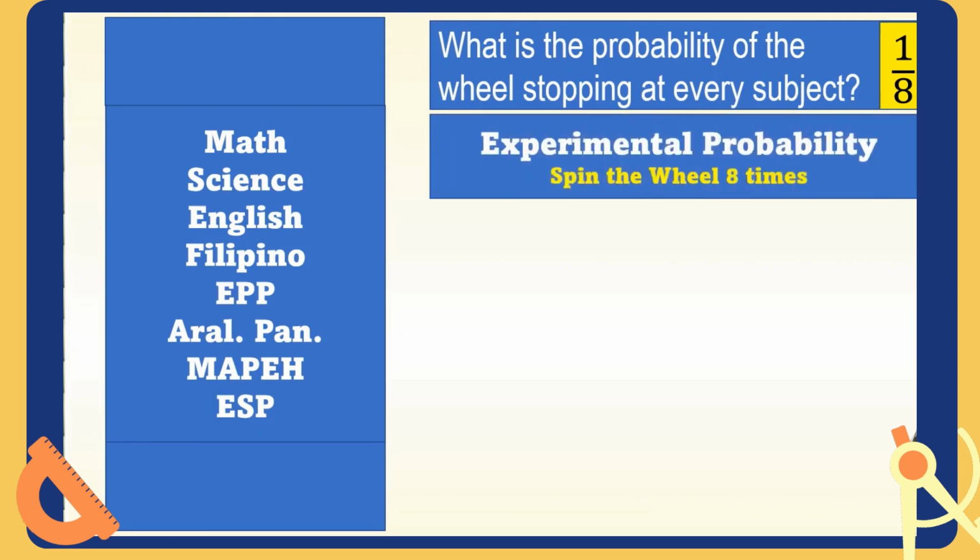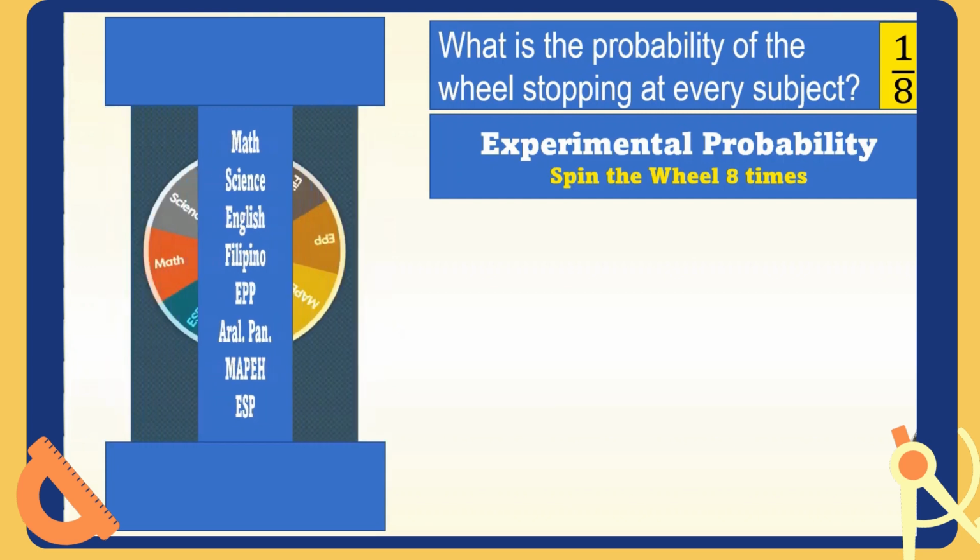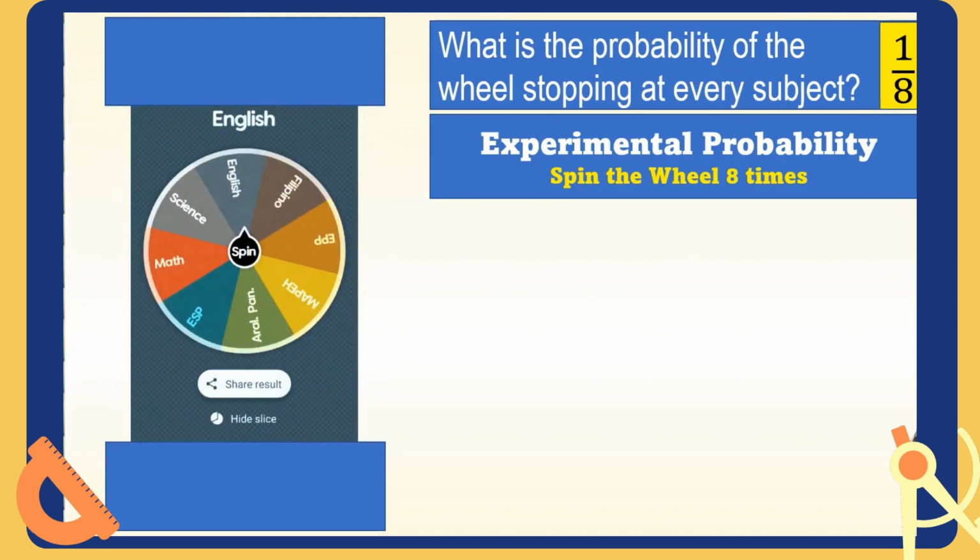Ngayon, subukan natin sa experimental probability. So, gawin natin ito, spin the wheel 8 times. Okay? So, handa na kayo? So, gawin natin ito in actual experience. Tingnan natin kung ano yung pagkakaiba ng probability at saka experimental probability. So, mag-experiment tayo ngayon.